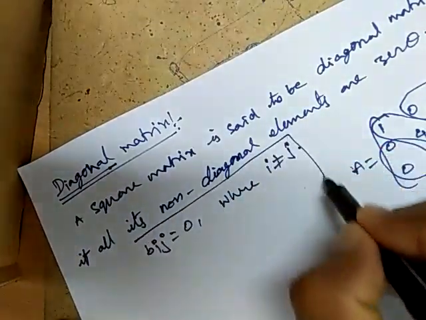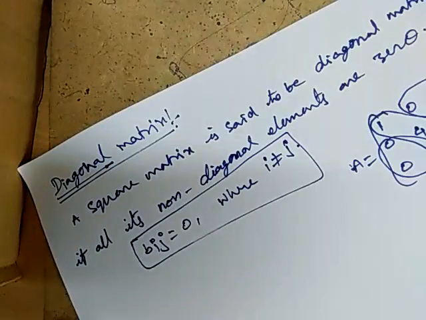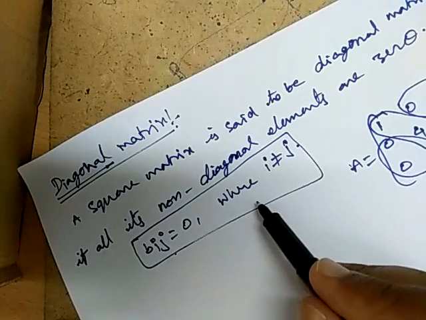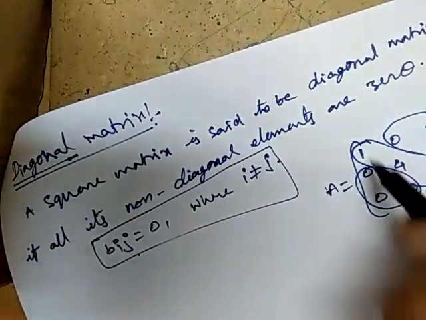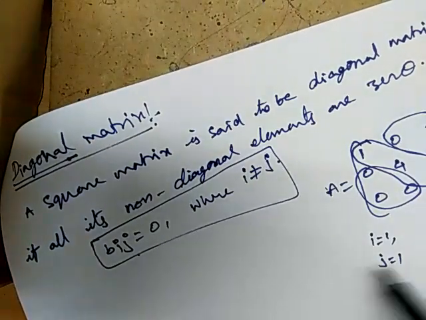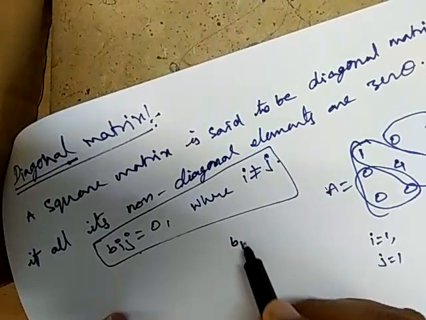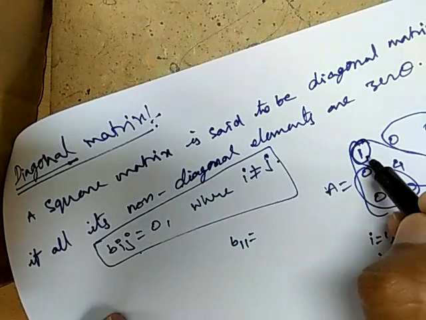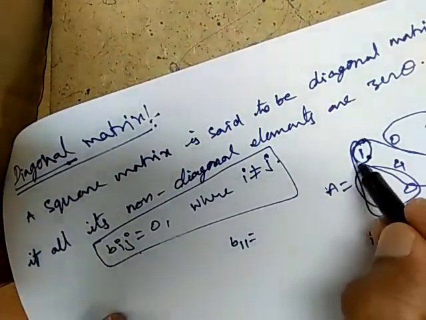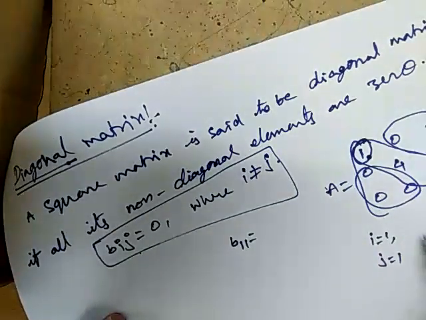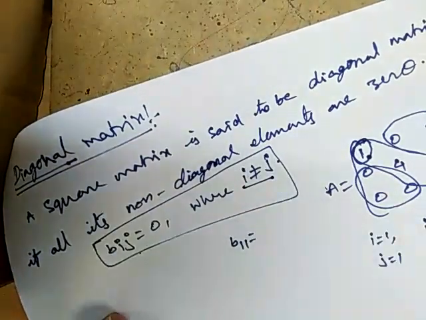This is a very important condition. This is the condition for a diagonal matrix: Bij equals 0 where i is not equal to j. Suppose I am taking i equals 1 and j equals 1, then Bij becomes B11, the first element, so that is not 0.